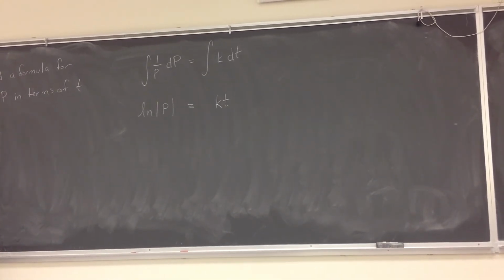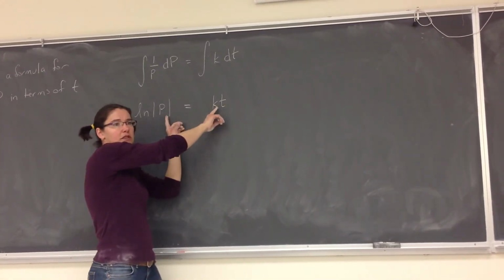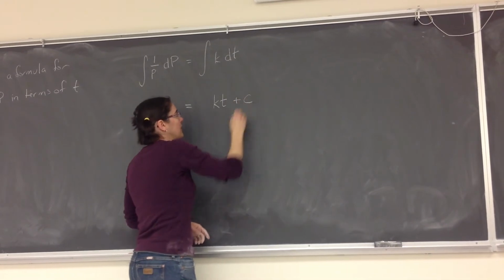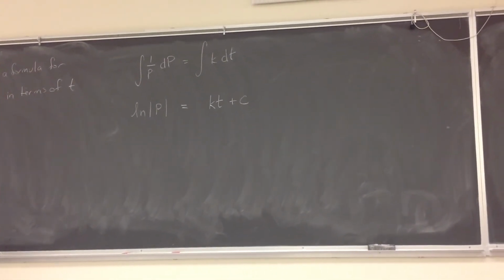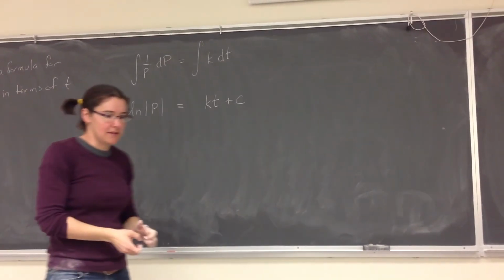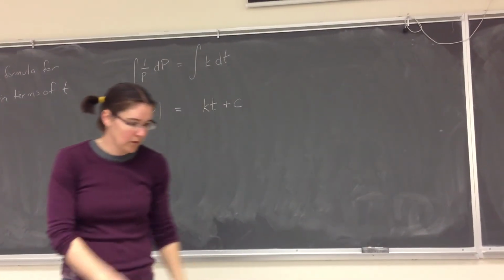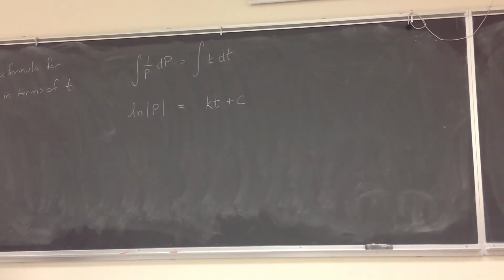All right, I've integrated both sides. I technically have a constant on both sides. I'm going to put them together over here on the right side. So I've got natural log of P is equal to kt plus C. Okay.